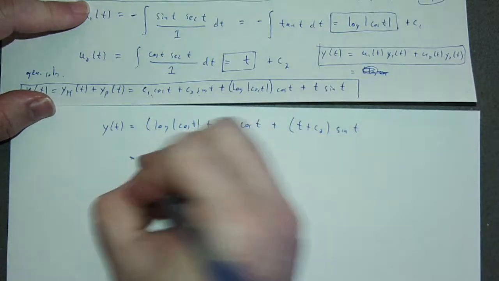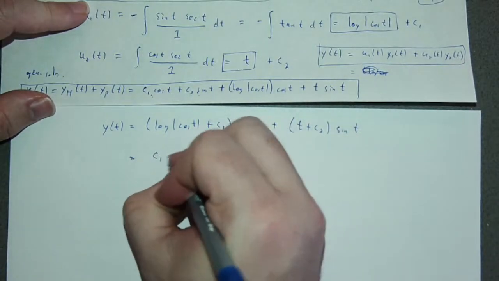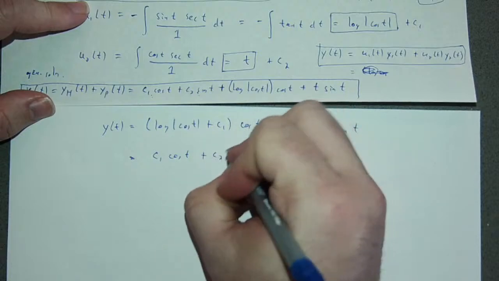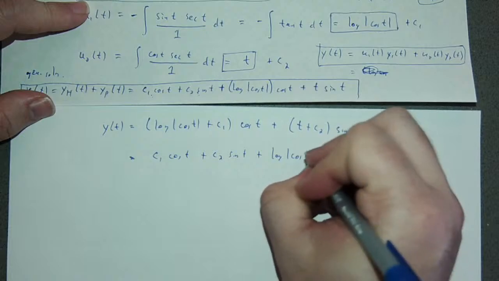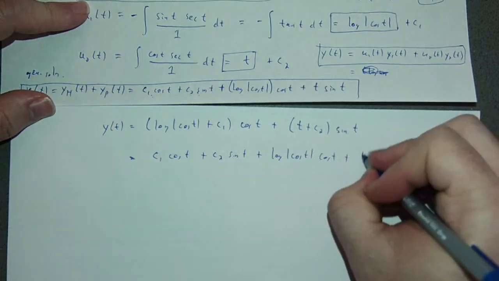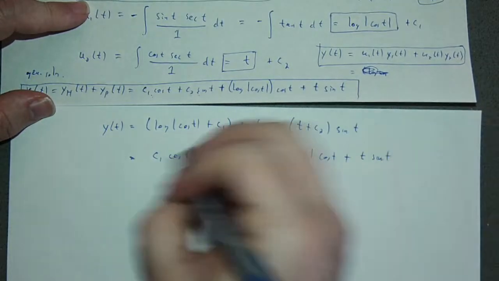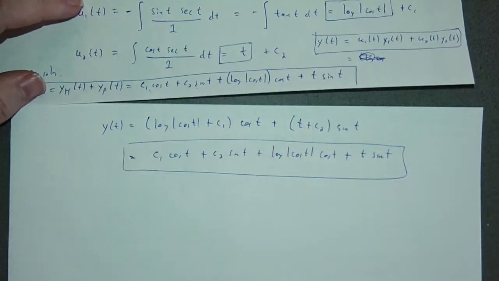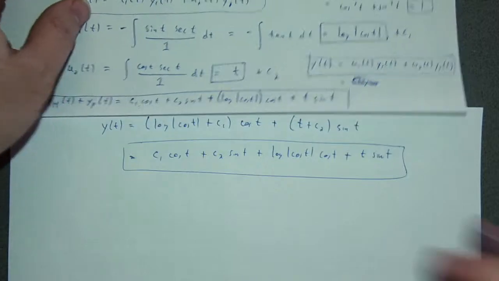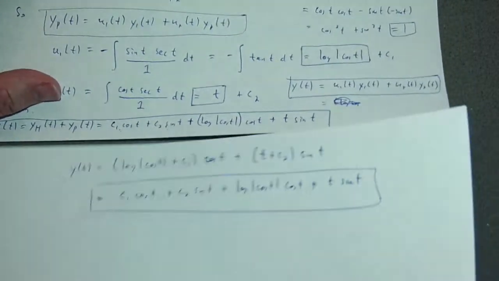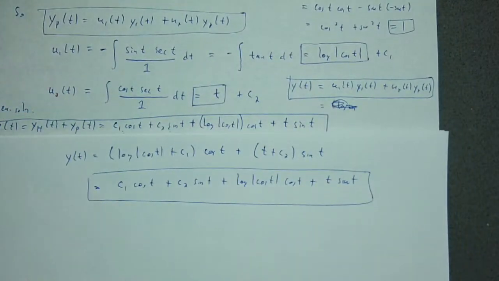But notice, if I rearrange these, this is c1 cosine t plus c2 sine t plus log absolute value of cosine t times cosine t plus t times sine t. So this is exactly the same thing. Right? So you can do it either way you want to. It really doesn't matter. Literally, it's the same thing. So you're not really saving any time or effort in doing it that way versus any other. So this is fine. So there you go.